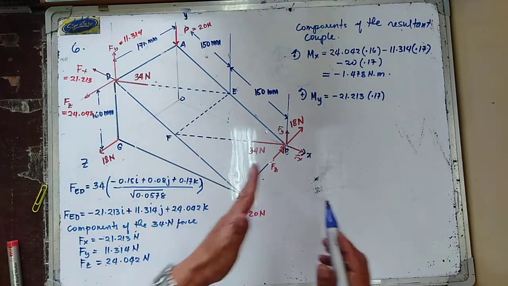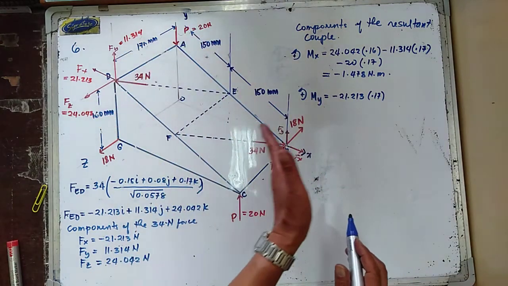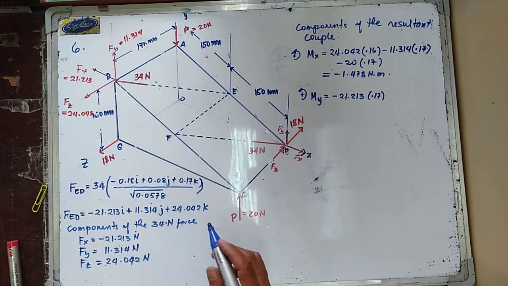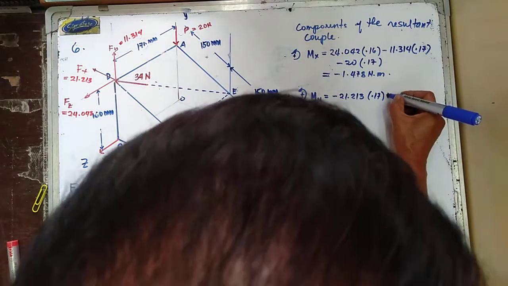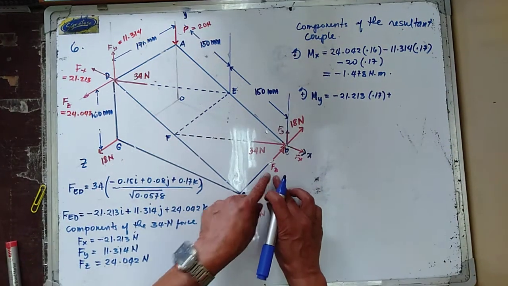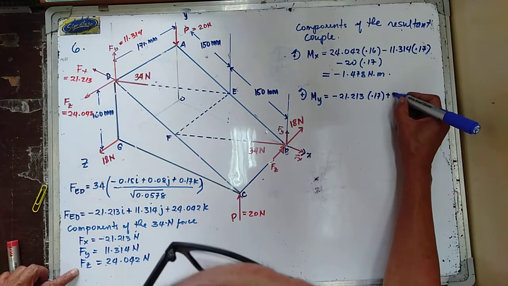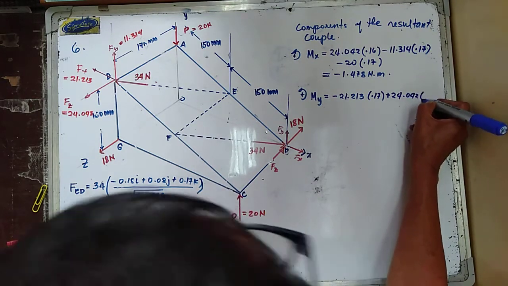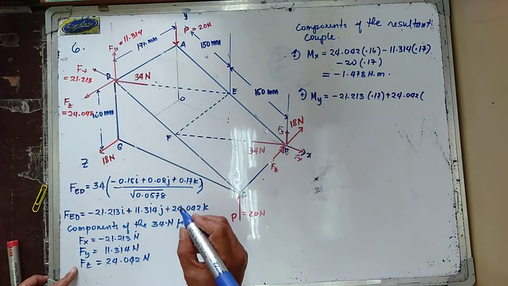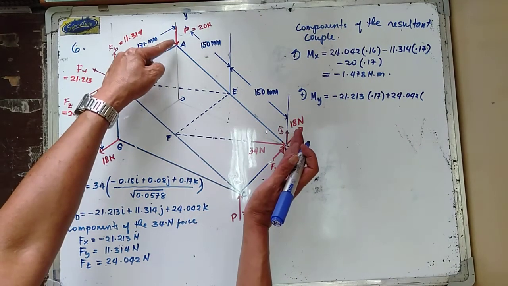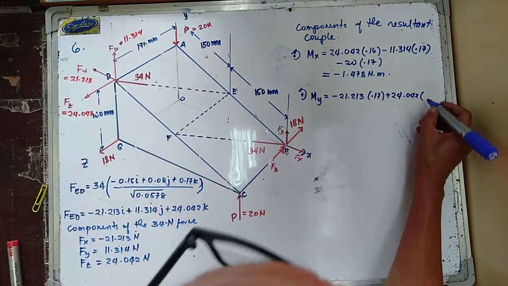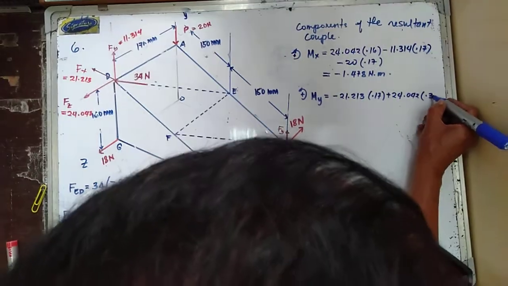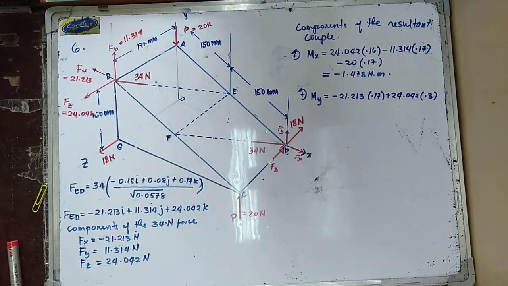Your Fj is now going counterclockwise about the y-axis, so that is plus, and the value of Fj in here is equal to 24.042, and the moment arm is equal to 300 mm, or that is equal to 0.3.